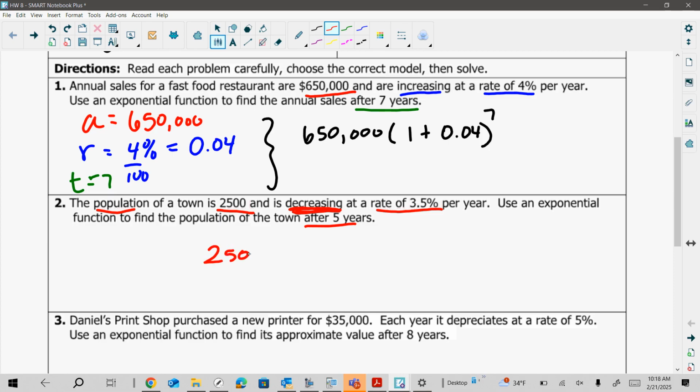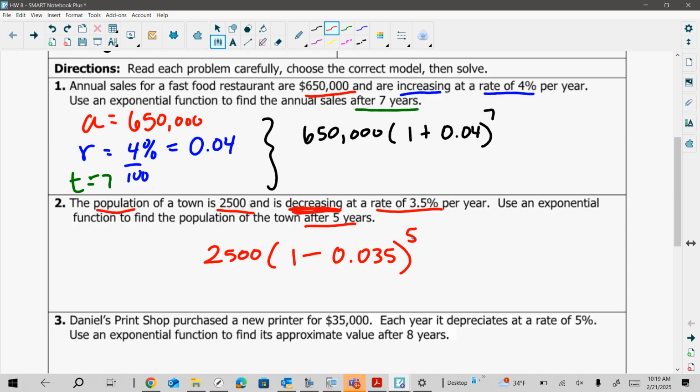So this would be 2,500, 1 minus our rate, 3.5% as a decimal, is 0.035. And now we're raising it to a power of 5, because we want the population after 5 years. So please show your setup, guys, at least your equation. And then, yes, use your calculator to do the computation.